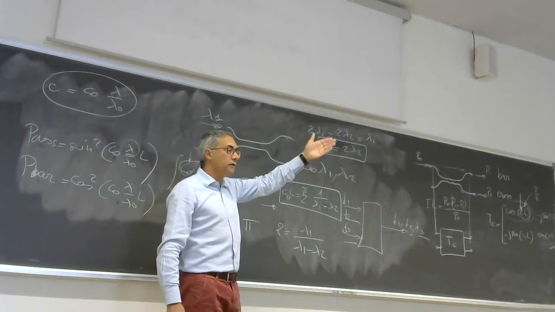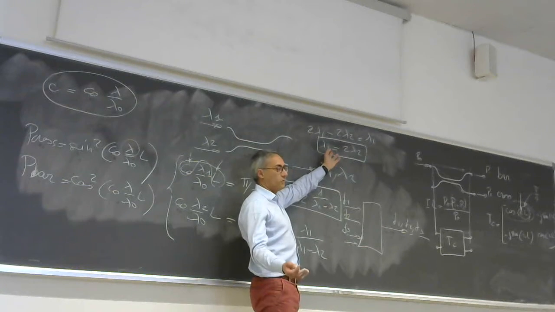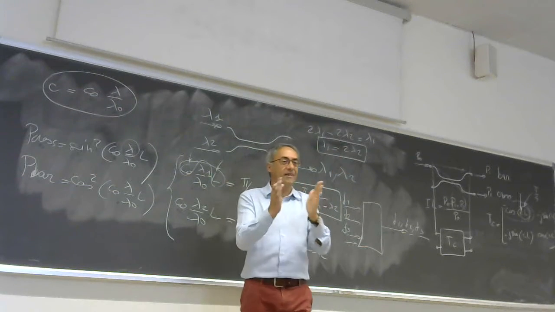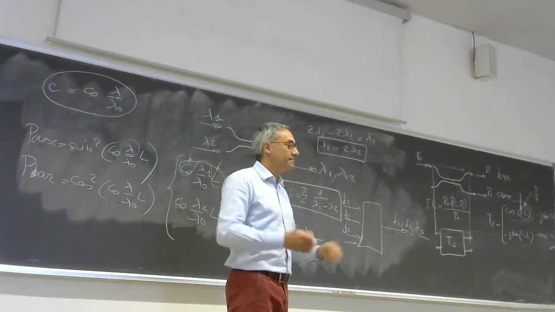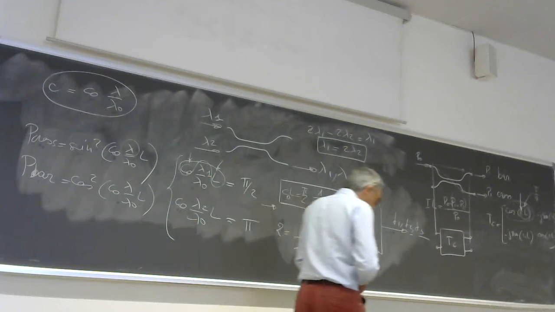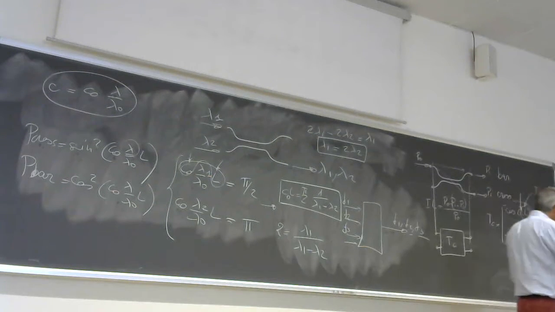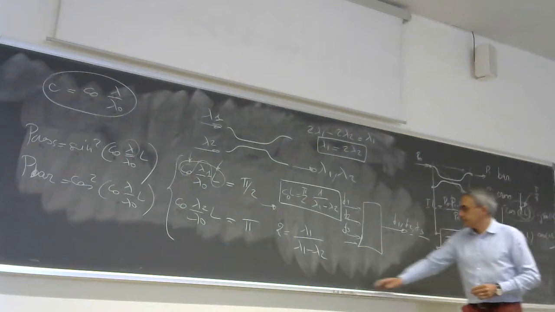So if you are thinking of a WDM system, this is useless. You have always the channels very close to each other. It's not possible to work far away. However, there are situations in which this condition maybe is not true, but is a good approximation.